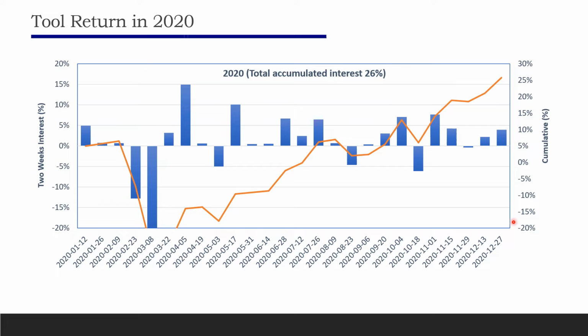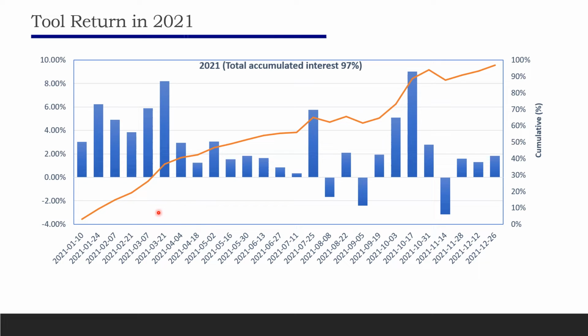And as you see, the accumulative return at the end of the year was something around 25%, and the minimum, which happened sometime in March, was something around -20%, and the maximum was something around +15%.